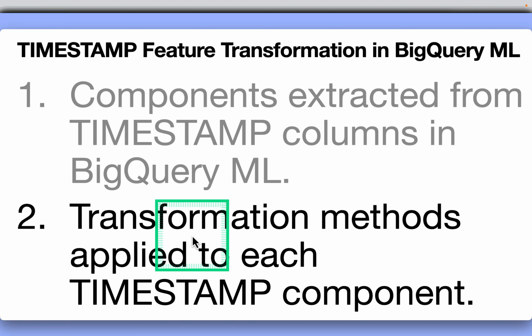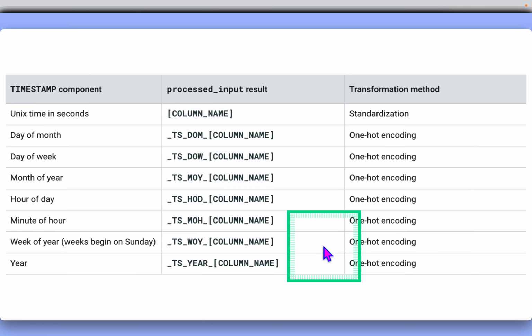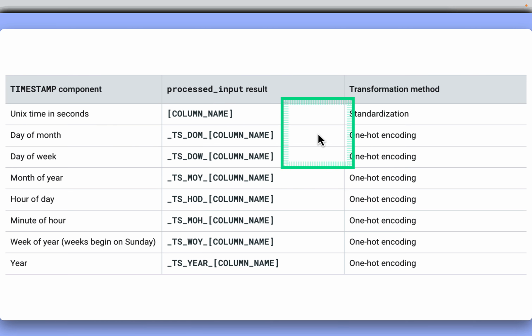And for each extracted component, a specific transformation method is applied. For example, Unix time in seconds undergoes standardization. All other components, such as day of month, day of week, month of year, hour of day, minute of hour, week of the year, and year, are transformed using one-hot encoding. So we have timestamp component, processed input result, and transformation.